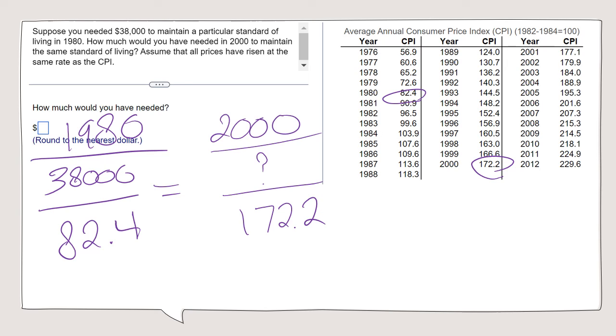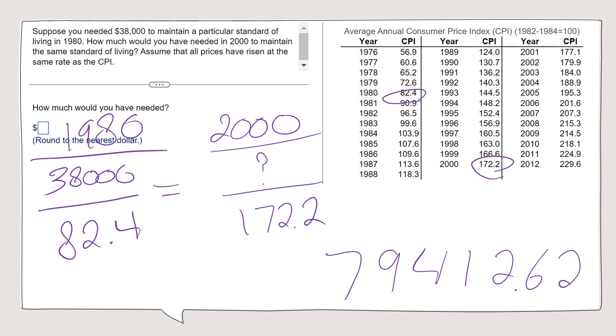I'm going to use my calculator and I'm going to multiply diagonally 38,000. And I got 79,412.62.